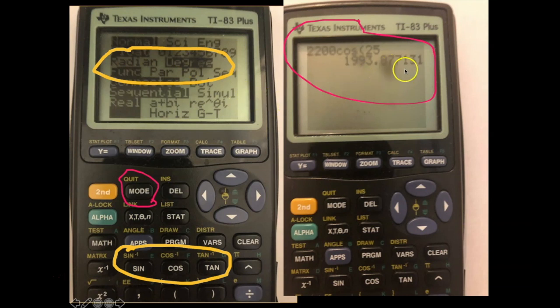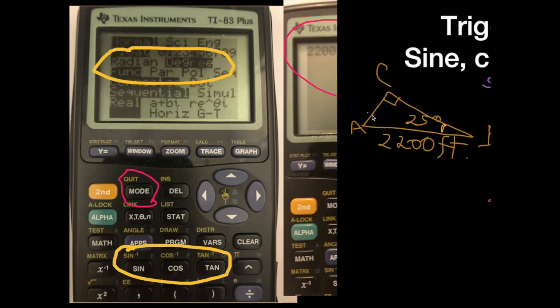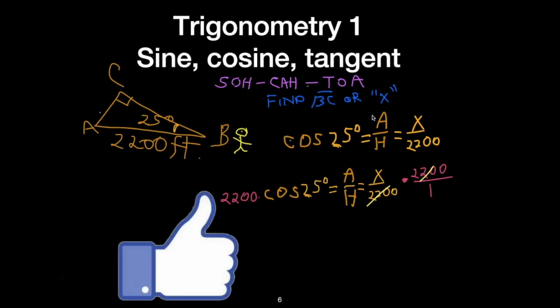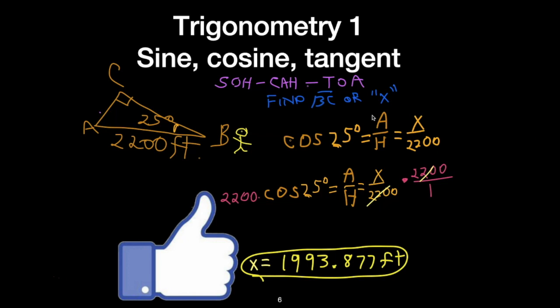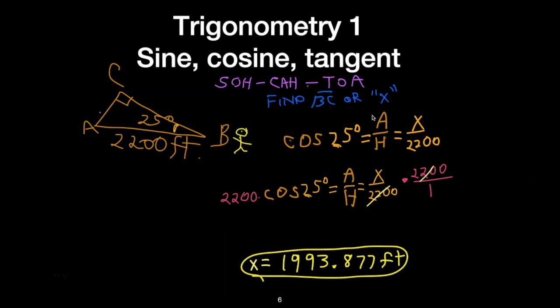And this is our answer, and we're rounding, and you can round to whatever place you're asked to do. So my answer is 1993.877, or 1993.88 if you want to do to hundredths, or 1993.9 if you wanted to do to tenths.